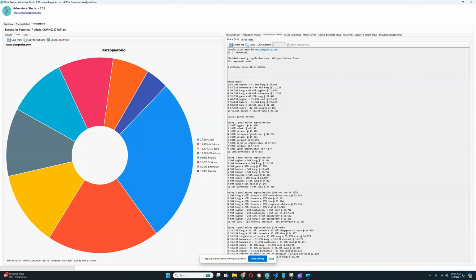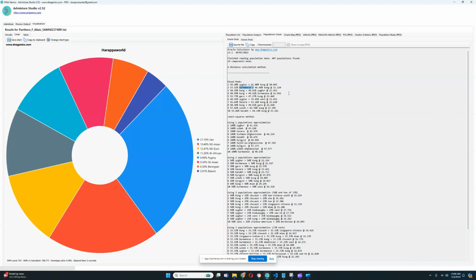And she's getting modeled as a mixture of Uyghur plus Kung, or Burmese plus Kung, or Kung plus Uyghur, or Kung plus Burmese. Kung, I think, is South African hunter-gatherer. So she's getting modeled as a mixture of South African hunter-gatherer plus Uyghur, or South African hunter-gatherer plus Burmese.